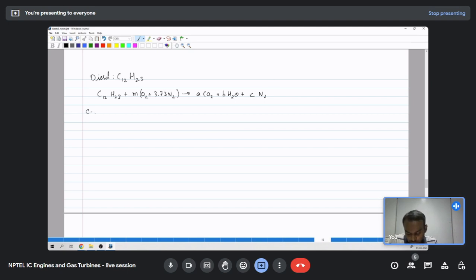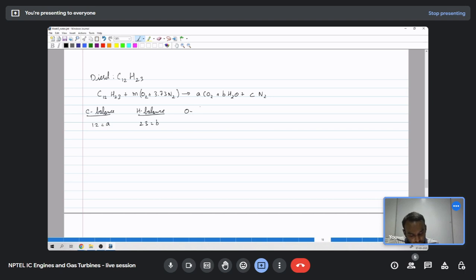So if I put carbon balance, it is 12 on the left hand side, and on the right hand side I have a, so that means the value of a is 12. And now if I have hydrogen balance, I have 23 on the left hand side, and on the right hand side I have b, so directly I've got the value of a and b.